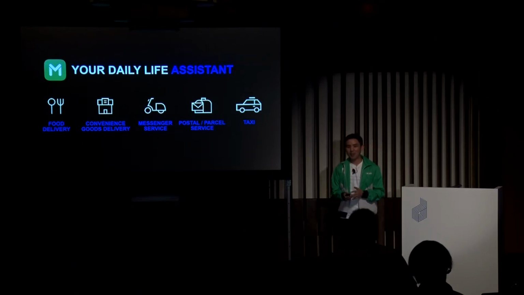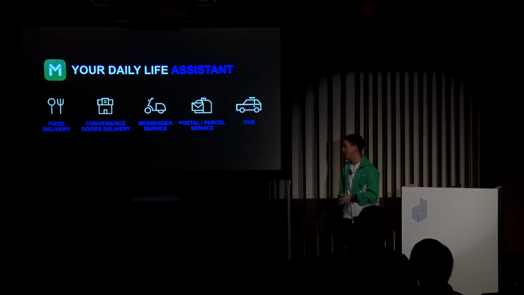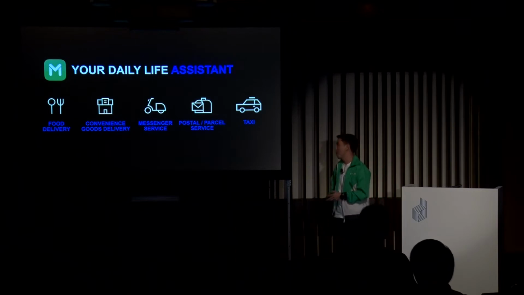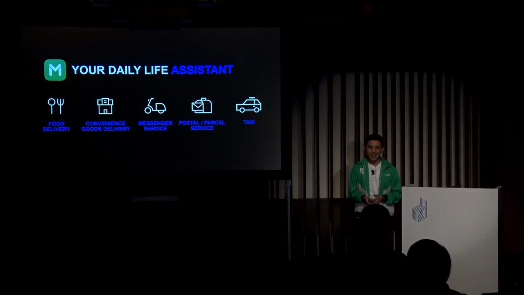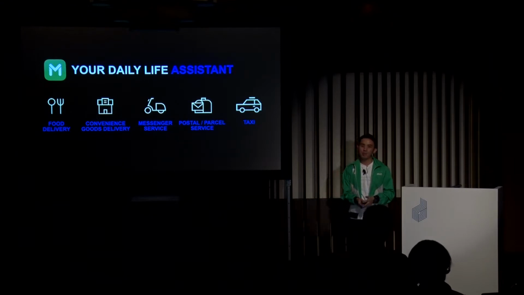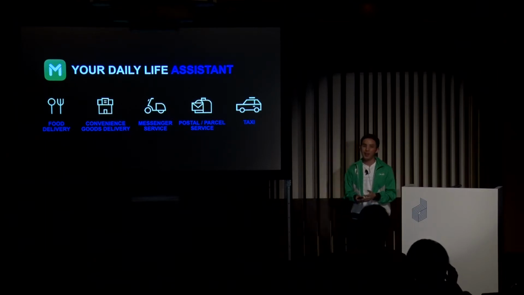Lyman comes with 5 professional services, including food delivery, convenient goods delivery, messenger service, parcel service, and taxi. Especially for food delivery, we are number 1 in Thailand now. We have over 40,000 restaurants partnering with us.